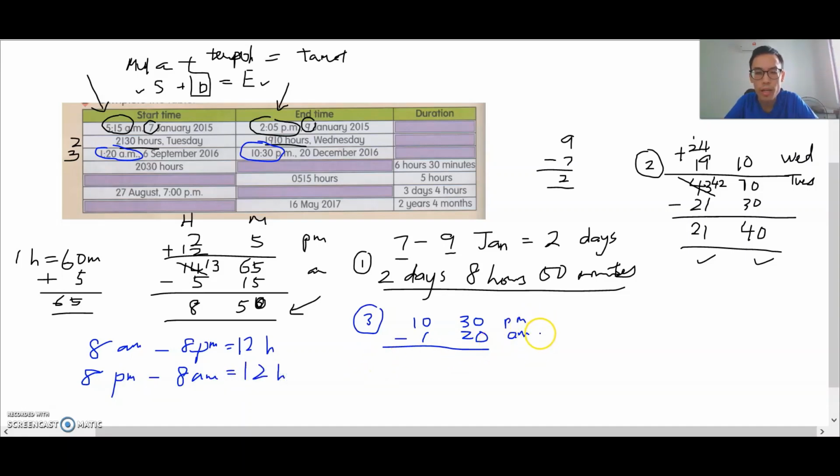So one is PM, one is AM. So before you minus, you actually have to plus 12 first. So 10 plus 12 is 22. Then you minus. 22 minus 1, 21. So here we get 21 hours and 10 minutes.